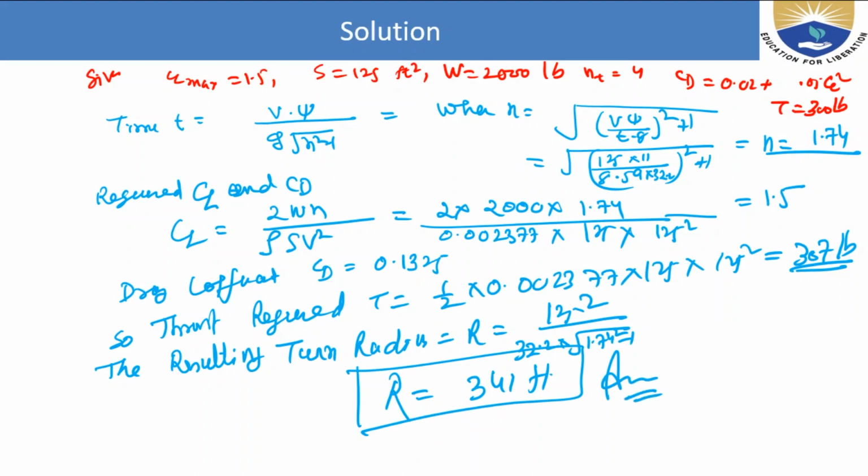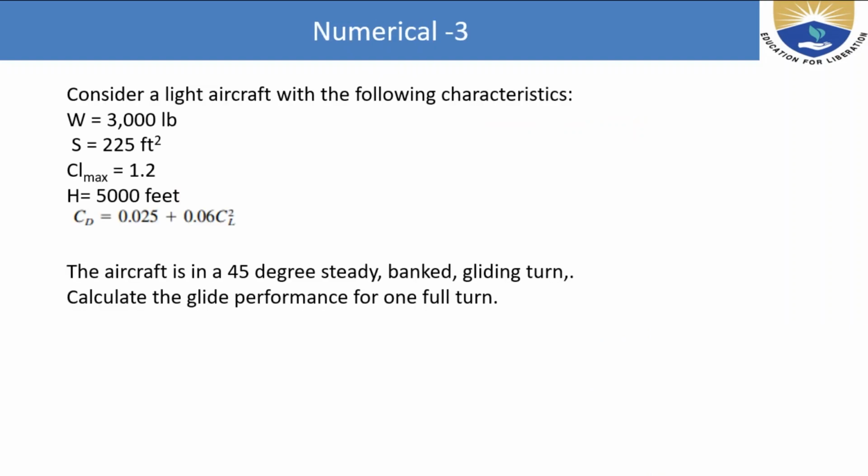Now we will see problem number 3. Consider a light aircraft with the following characteristics. Weight is equal to 3000 pound, S is equal to 220 feet square, CL max is equal to 1.2, H is equal to 5000 feet, CD is equal to 0.025 plus 0.06 CL square.